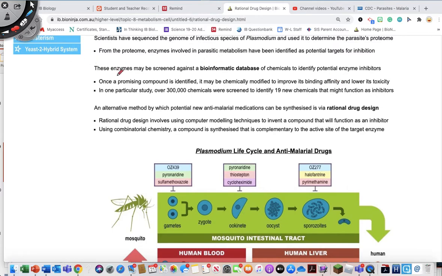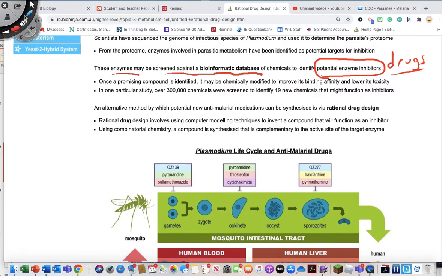These proteomes or these enzymes have been screened against a bioinformatic database of chemicals to identify possible enzyme inhibitors. These possible enzyme inhibitors are drugs, right? That's medicine. Once a promising compound is identified, it can sometimes be chemically modified to lower its toxicity and to improve its binding affinity.